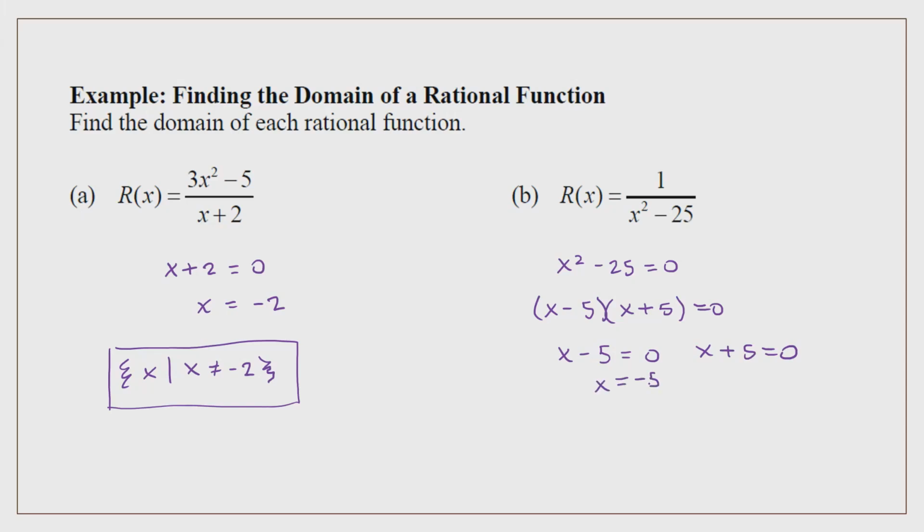So x equals positive 5 and x equals negative 5. So the domain is going to be all values of x except for when x equals 5 and x equals negative 5.